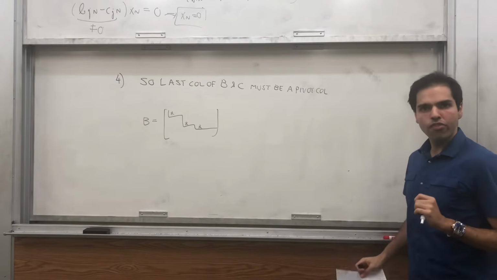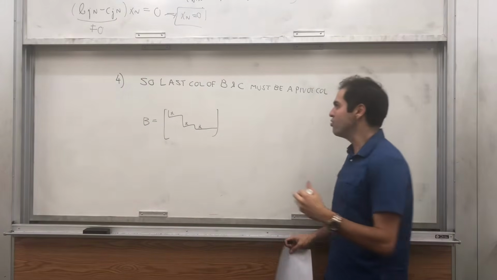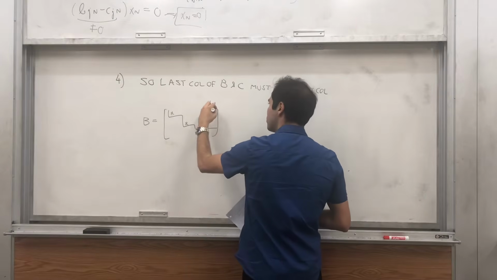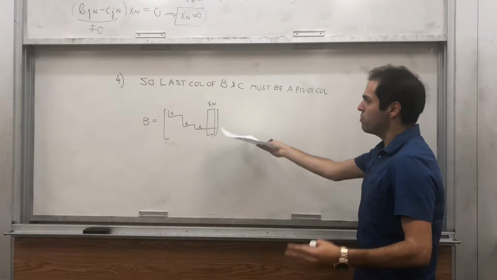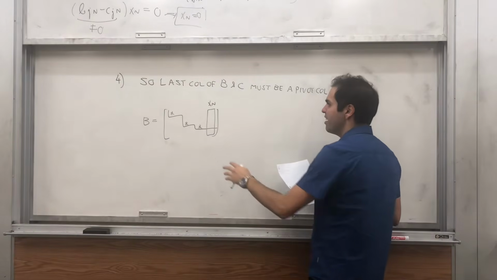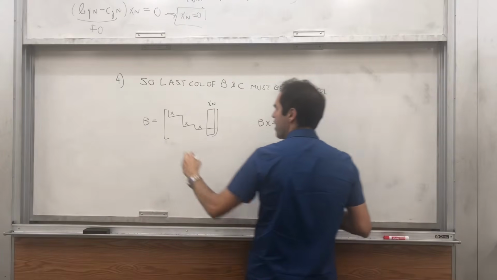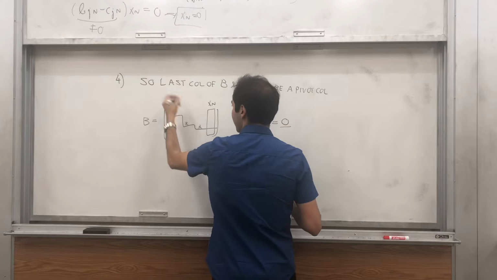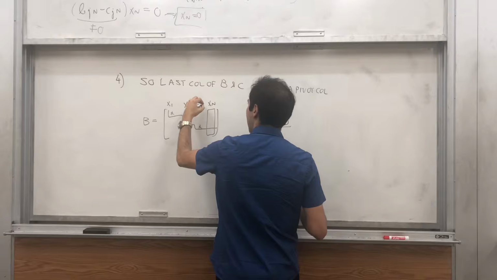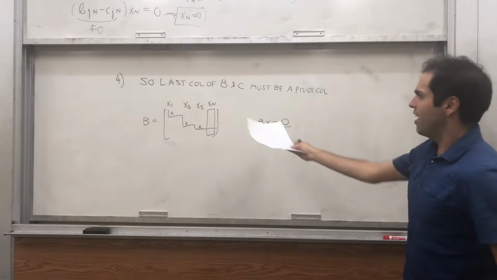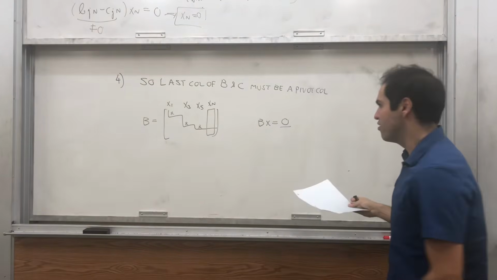In terms of what you know for linear equations, non-pivot columns correspond precisely to free variables. So that would say that xn is a free variable. Heuristically, if you want to solve Bx equals 0, then the pivot columns are basic variables, let's say x1, x3, x5, and you can write them in terms of the free variables.